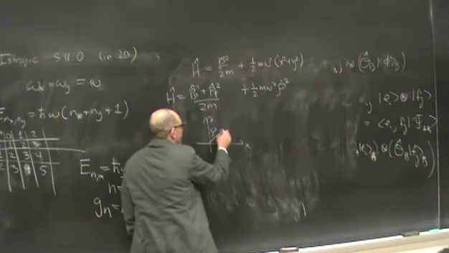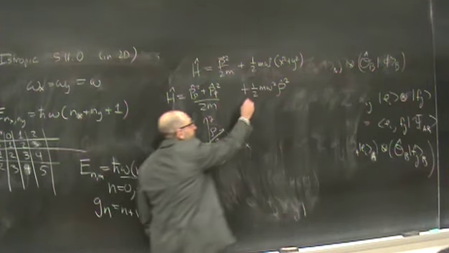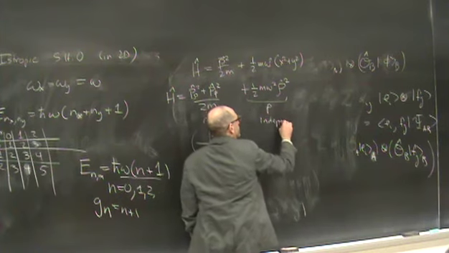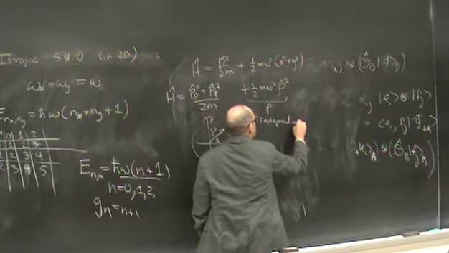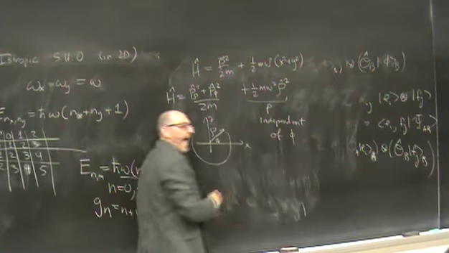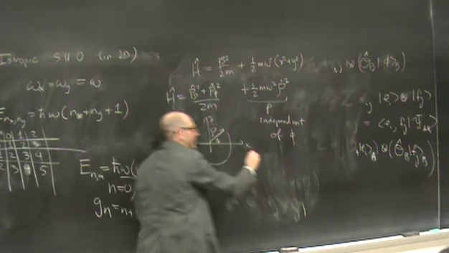It's rotational symmetry. The potential here is independent of phi. It's azimuthally symmetric. It's rotationally symmetric.